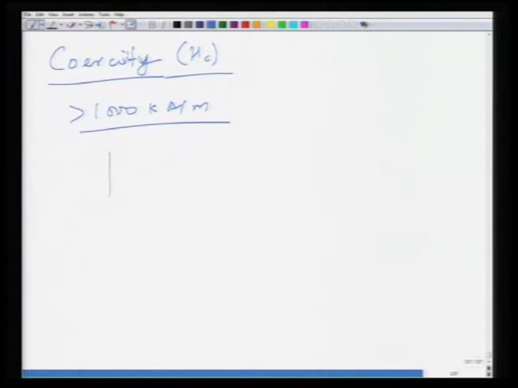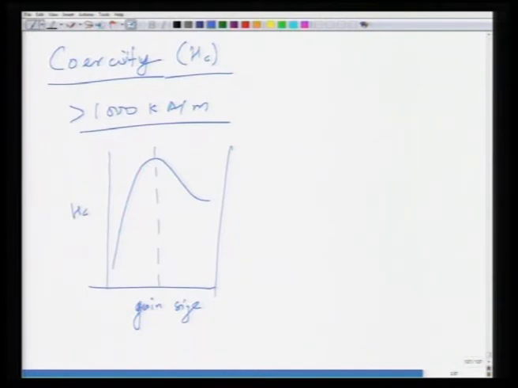So when you plot it as a function of grain size, it varies somewhere something like this, and it achieves a maximum near about 1 to 2 micron, and this gives you values of the order of 150 kiloampere per meter, 130 to 150.